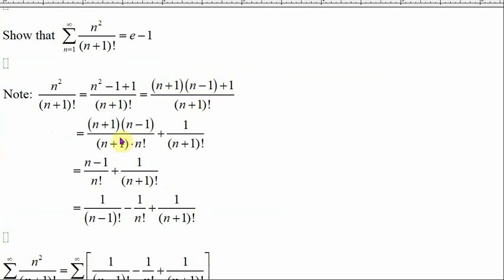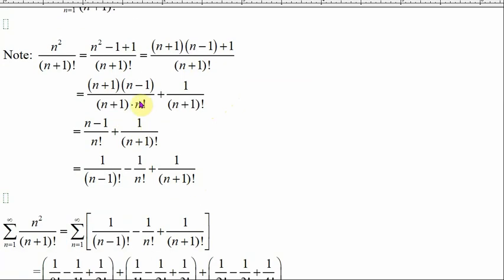And then we can split this up with (n plus 1) times (n minus 1) over (n plus 1) times n factorial. And then what's left is just 1 over (n plus 1) factorial. And then the factors n plus 1 here cancel each other out. And then we get (n minus 1) over n factorial plus 1 over (n plus 1) factorial.